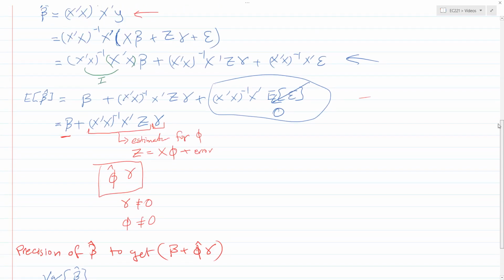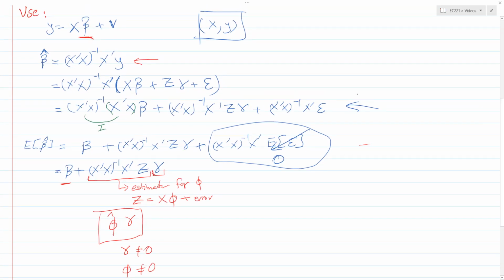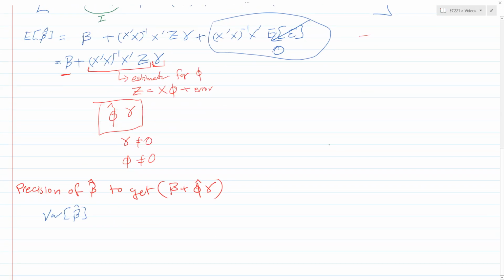So instead of doing that all over again, I'm just going to start from here, because that's what beta hat is, what we worked it out to be.